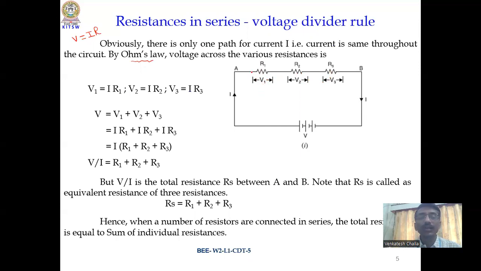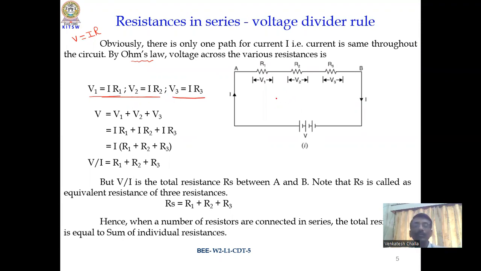V1 is the current through the resistor into its resistance value. What is the current through the resistor? I. So I into R1 will be V1. Similarly, V2 is I into R2, and V3 is I into R3.